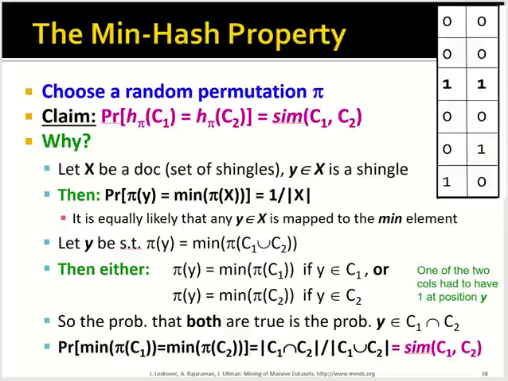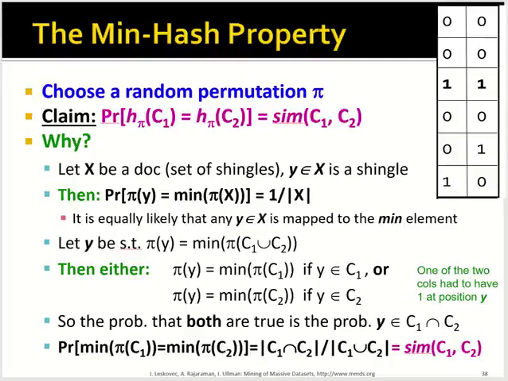It is equivalent. It is equally likely that any y belonging to the union is mapped to the minimum element. So if we let y be the minimum permutation of C1 union with C2, then either pi of y is the minimum of pi of C1 if y belongs to C1, and the same principle applies to the collection C2 as well.